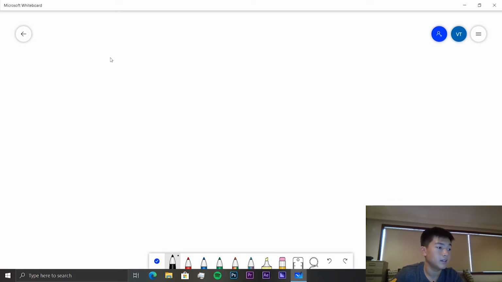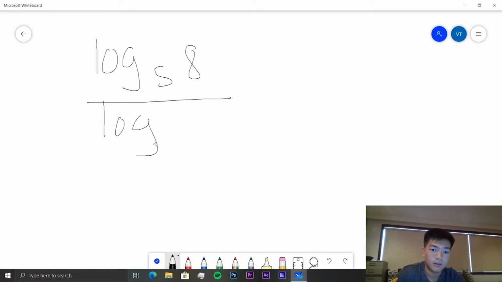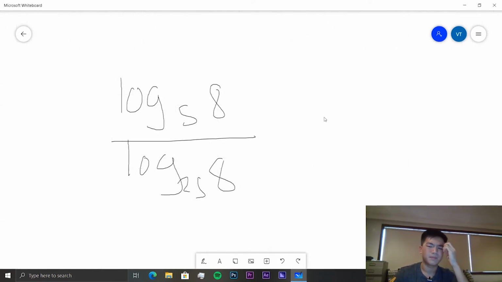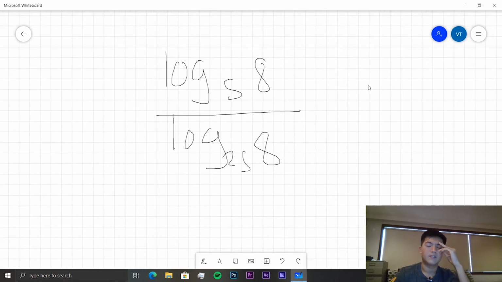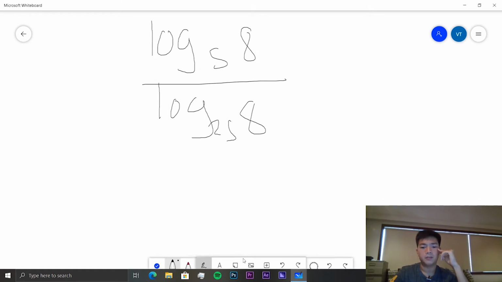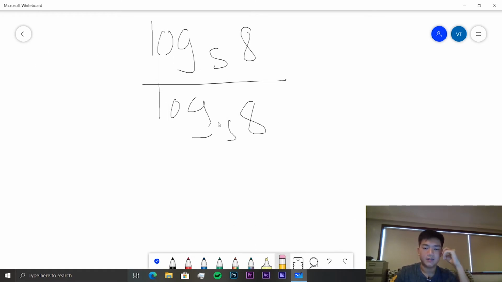Next question, we have log base 5 of 8 over log base 25 of 8. Yeah, so what can we do here? We can convert this log base 5 of 8 into a log base 25. Actually, if we think about this, this should just be equal to log base 5 of 16.